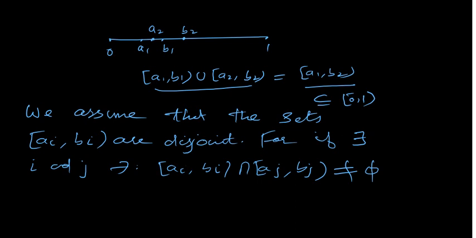Then this AJ must be less or equal to BI. Obviously, AJ must be somewhere lying between AI and BI, because if AJ is greater than BI, then these two sets are obviously disjoint. So AJ is less or equal to BI.